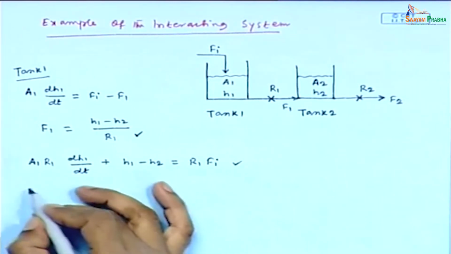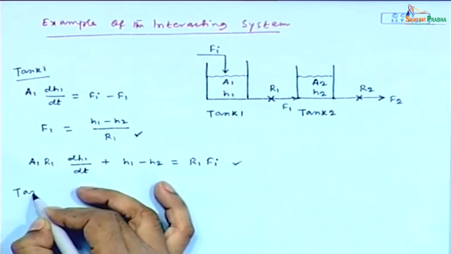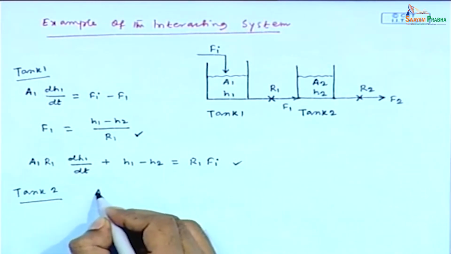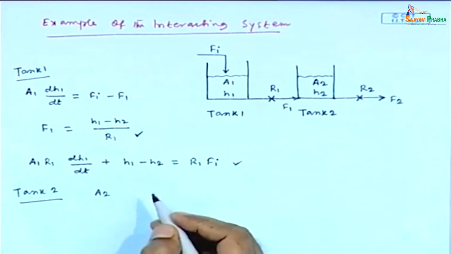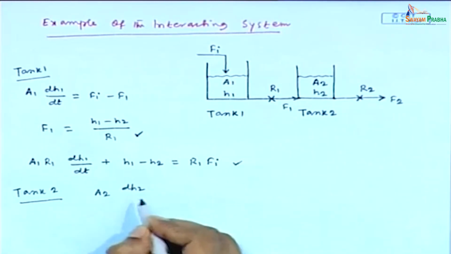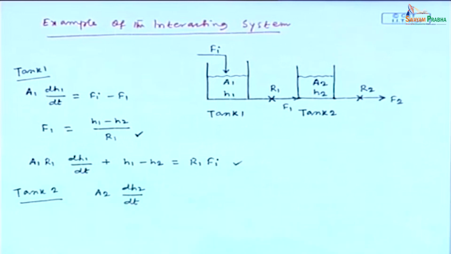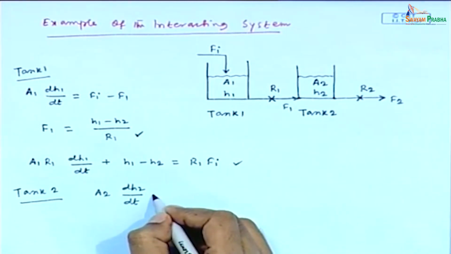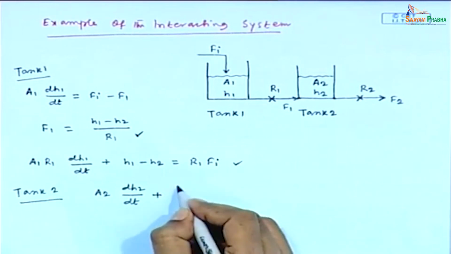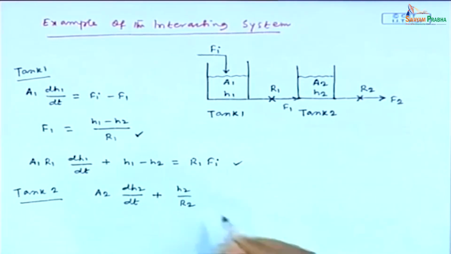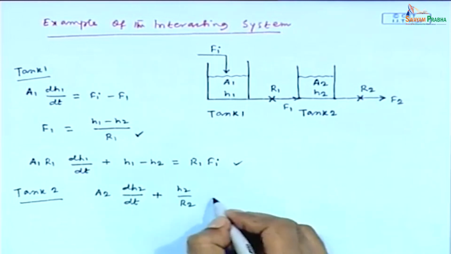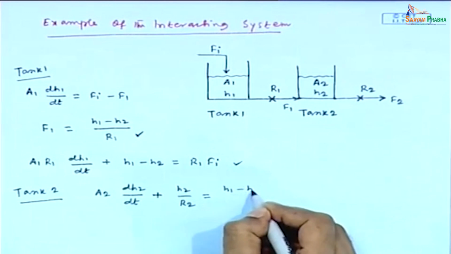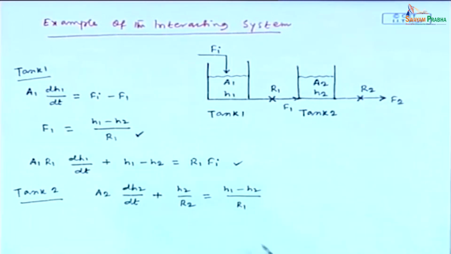Similarly, for tank 2, the modeling equation we can write in this form: A2 dH2/dt plus H2 divided by R2 equals (H1 minus H2) divided by R1.